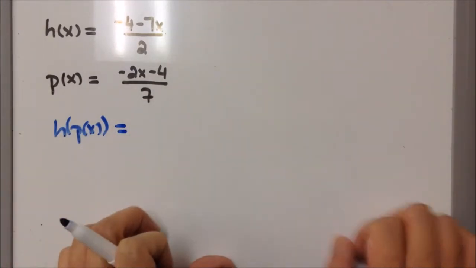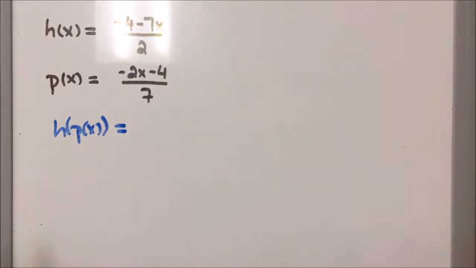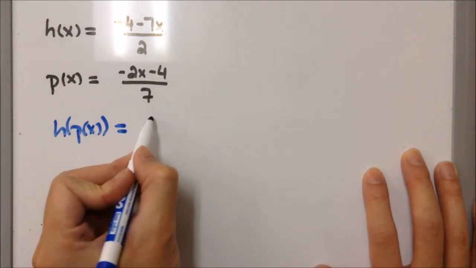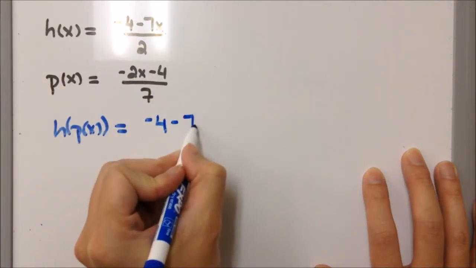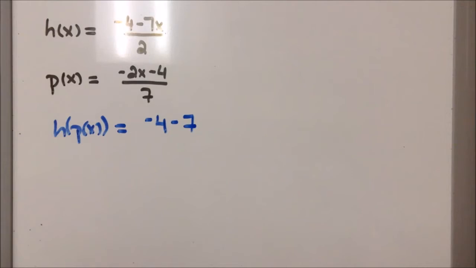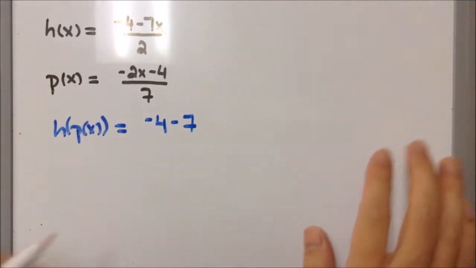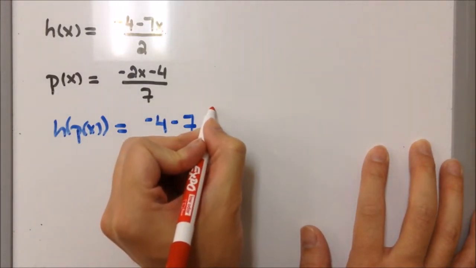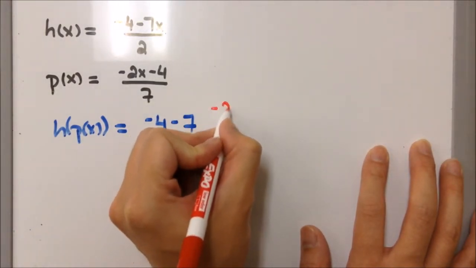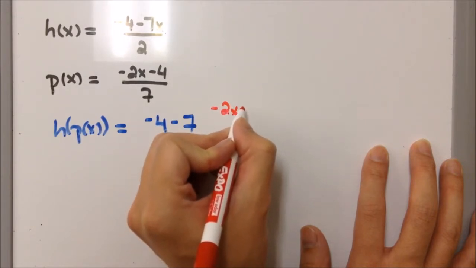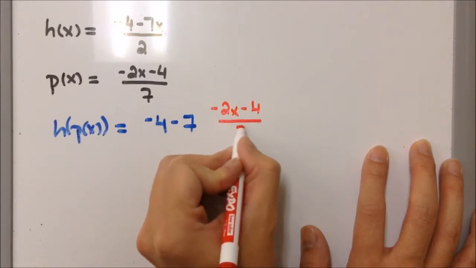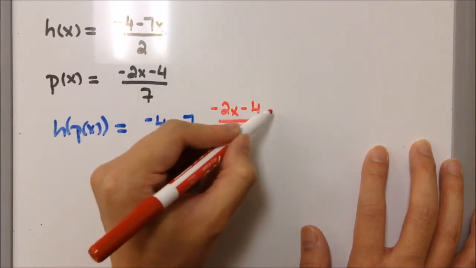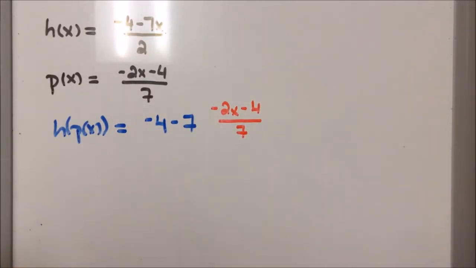So we're going to plug this function into that x. I'm going to write -4 because of that, minus 7. Now I'm going to write in this whole function in replace of that x. So -2x minus 4 over 2, and then that's it.